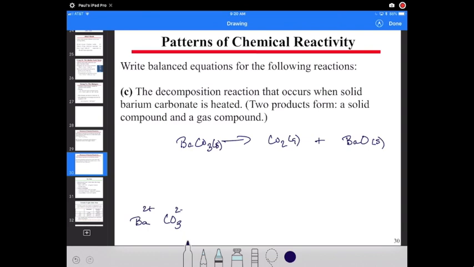When I look at this, I have 1 barium on one side, 1 barium on the other, correct? 1 carbon on one side, 1 carbon on the other, correct? 3 oxygens on the reactant side, and how many in the products? 3. I am balanced. You actually might end up with a question where once you make the compound, it is balanced. Don't overthink it. Don't start throwing in numbers. It can be that way.